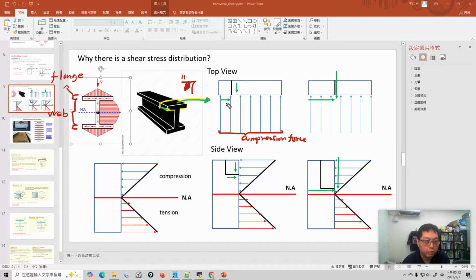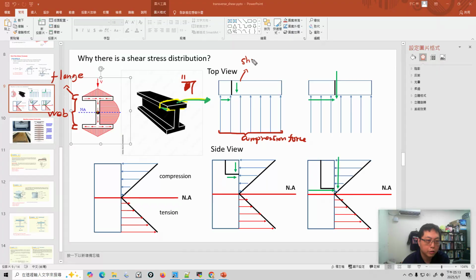In this section, this small element, we only have two compression forces here. So in order to maintain rigid body equilibrium, there must be a force here to resist the compression force. This is called shear force.